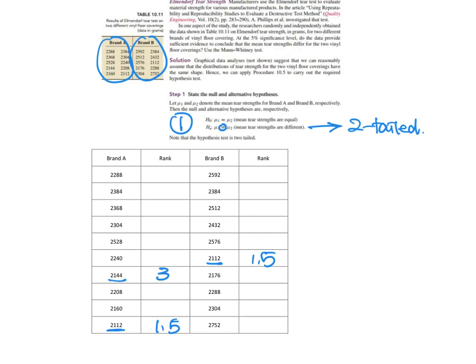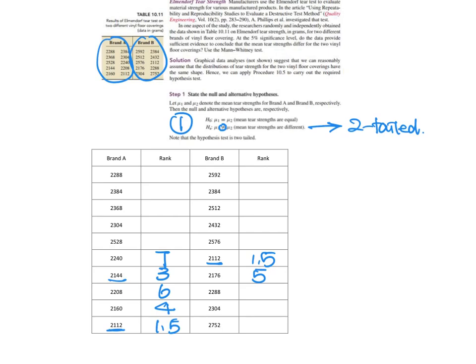The next one is 3, and the next one will be 4, 2160. And rank 5 will be 2176, rank 6 is 2208, and rank 7 is 2240.